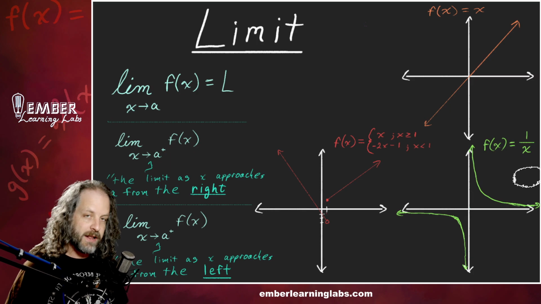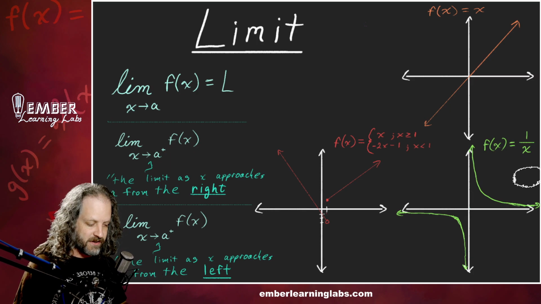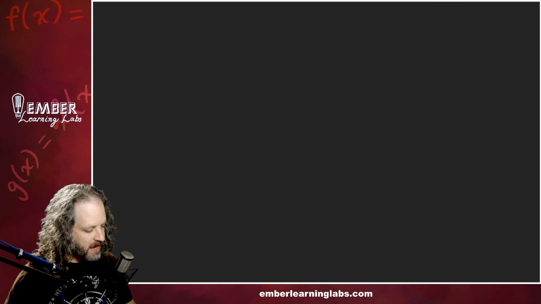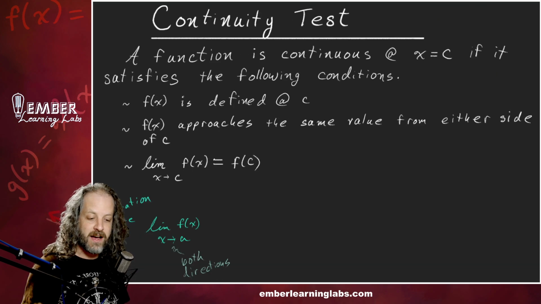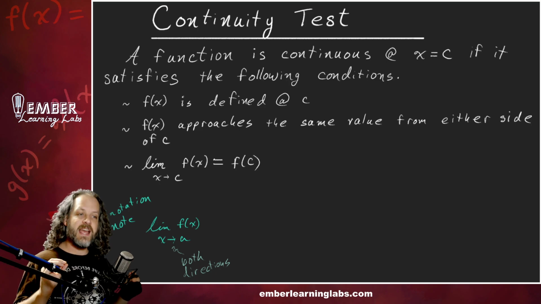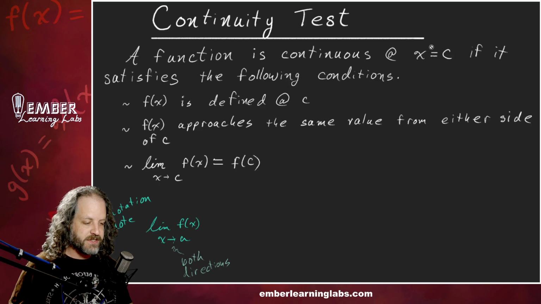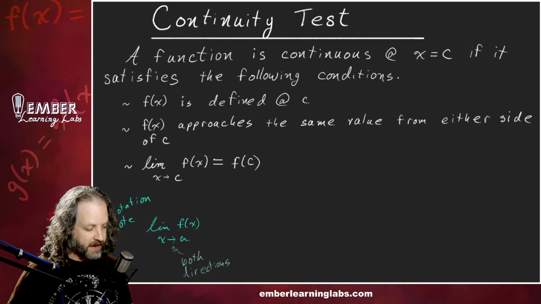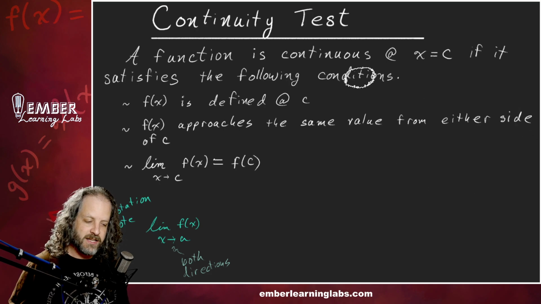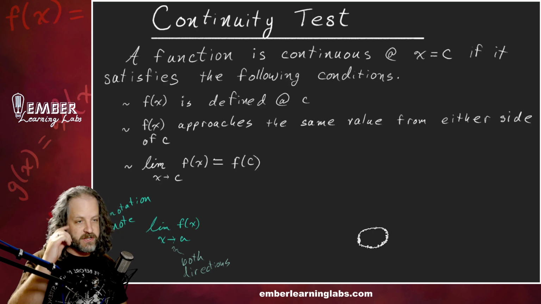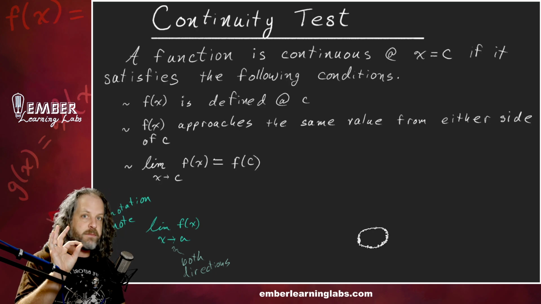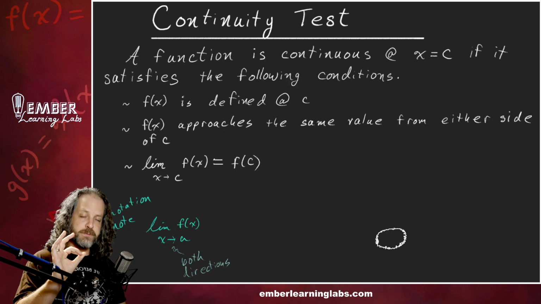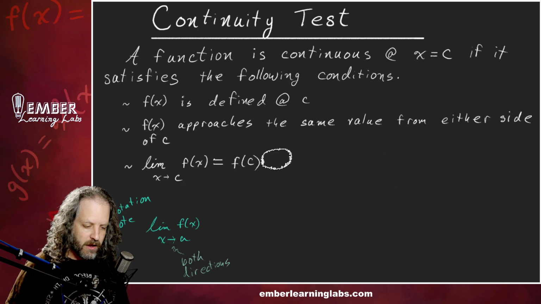So we're putting limits with continuity together to make some tests for continuity. A function is continuous at a specific value of x if it satisfies these conditions. In order for a function to be continuous at a specific x value, all of these have to be true.